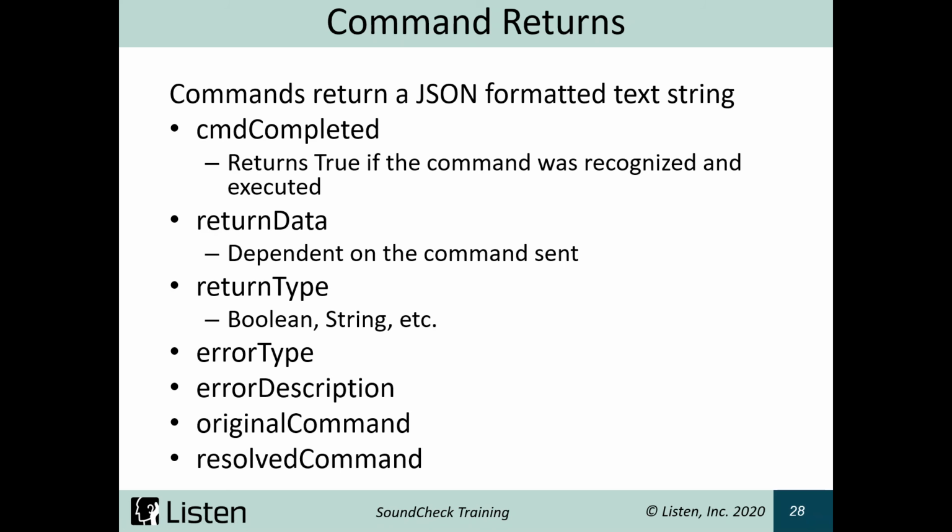So let's look at an example when we're trying to send a command of the same type. If we're trying to run SoundCheck set serial number and SoundCheck.get serial number.